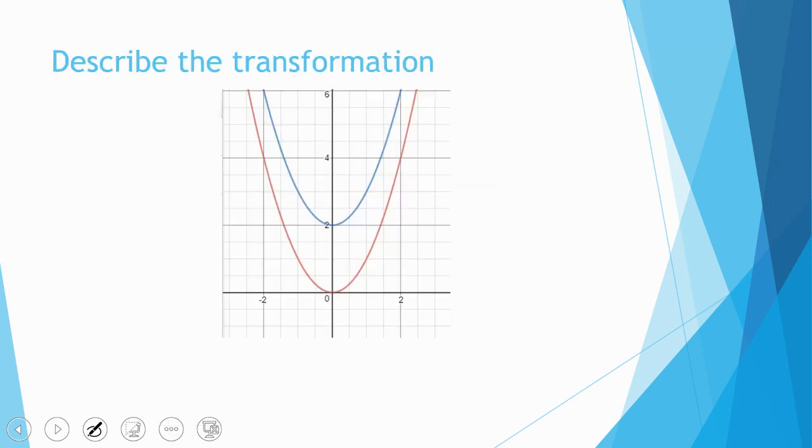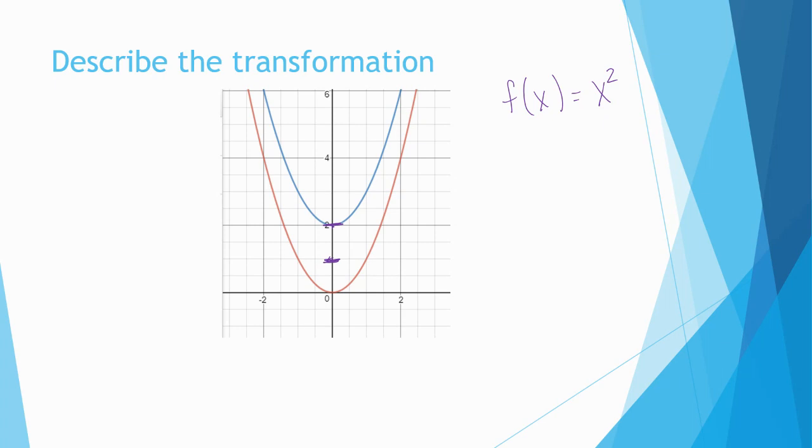Looking at this graph, I'm going to go from red to blue. That's going to be our rule. The red one is a parabola, and it looks like the parent graph of x squared. I have moved it up 2 to get the blue one.